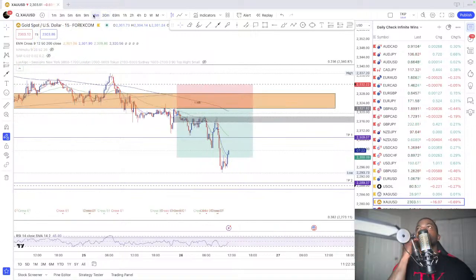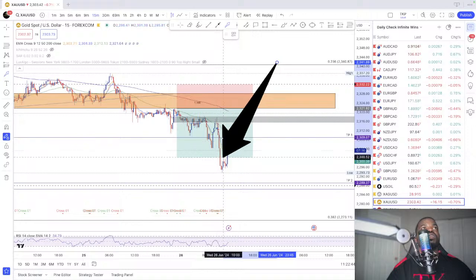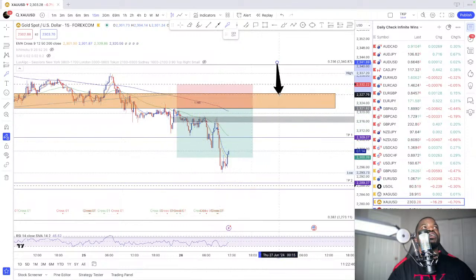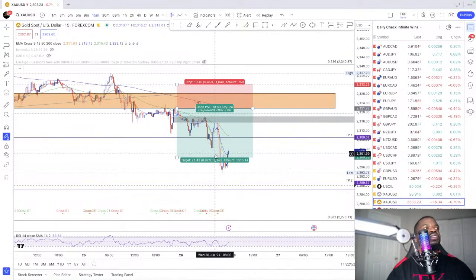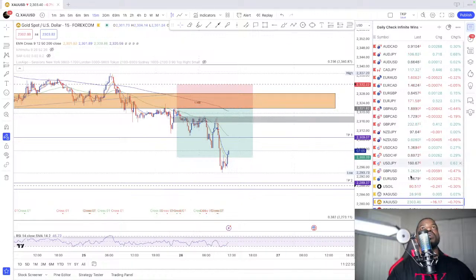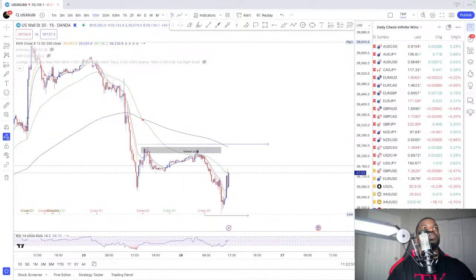We had some really impulsive moves. Right, it's Wednesday. This was a really impulsive move right here. So if you didn't take profit right there, it's about to retest your entry. That's why I'm glad we hit TP1.